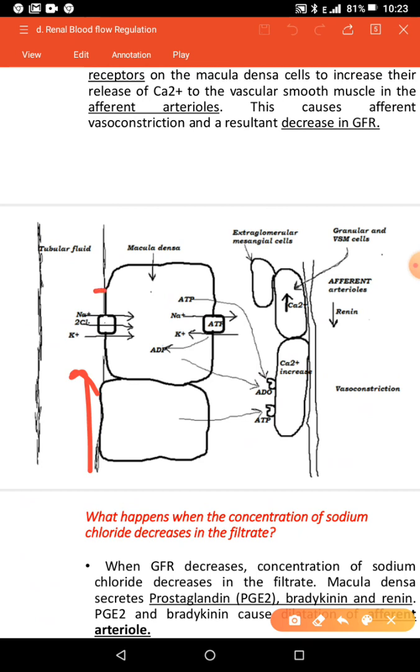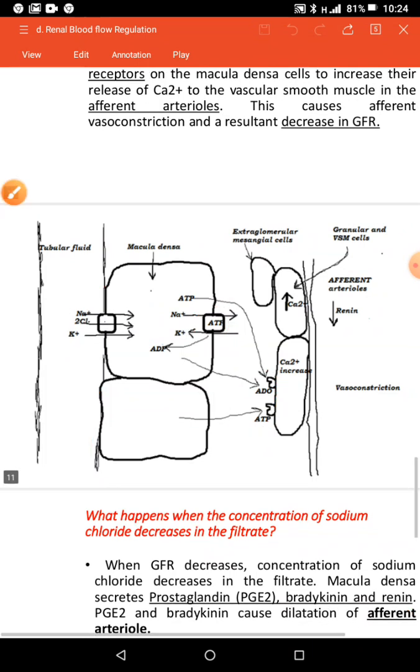There is increased operation of the sodium-2 chloride-potassium transporter and increased operation of the ATP pump, resulting in release of adenosine, which binds to the receptors on the JG cells, which are modified smooth muscles on the afferent arterioles. So it will cause vasoconstriction.